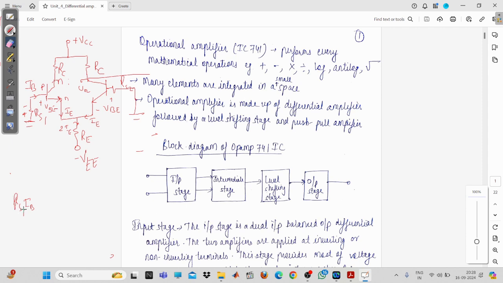Normally this RS1 will be in ohms, so you don't have to worry about it. And as beta value is very high, we can say that IC is very high, or you can say IB value is very low, or it is the lowest.